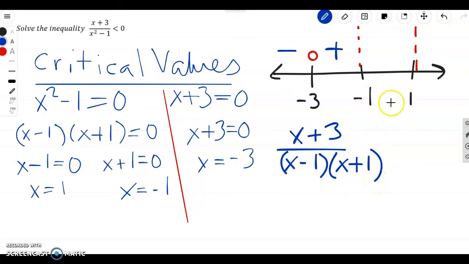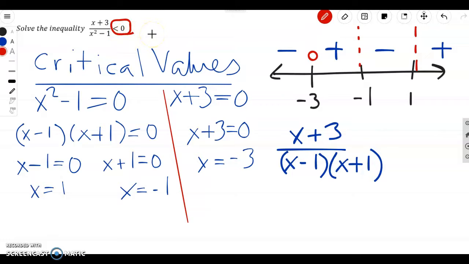If I picked 0, that would be positive, negative, positive. So one negative and two positives is a negative. And then if I pick something over here like 4, that would be positive, positive, positive, which gives us positive. And so whenever we are graphing this, we need to go back to the original problem and see, what do I want to know? I want to know, where is my graph less than 0? Or in other words, where is it negative?